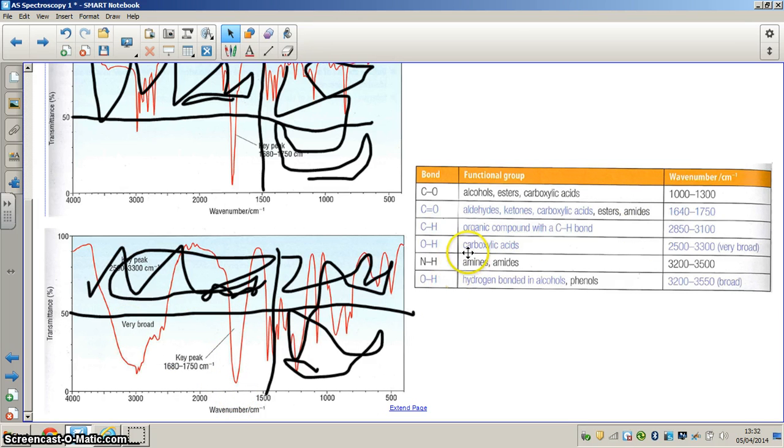So if we look at our data sheet, a broad peak around about 3,000 suggests we've got an OH group which is on a carboxylic acid, and a C double bond O group around here suggests that maybe this particular molecule contains a carboxylic acid functional group, because it's got the broad OH group corresponding to a carboxylic acid, and it's got the C double bond O group in the region also corresponding to a carboxylic acid or an alcohol.